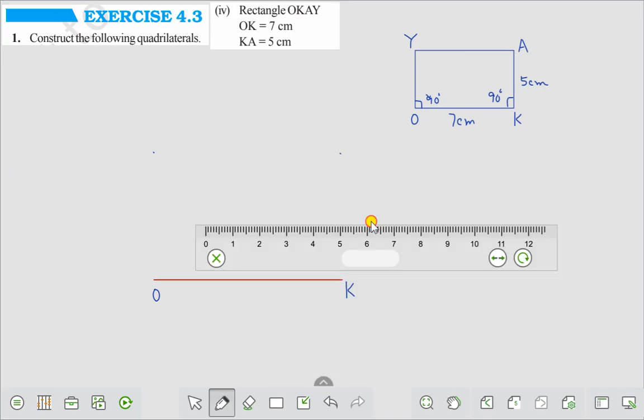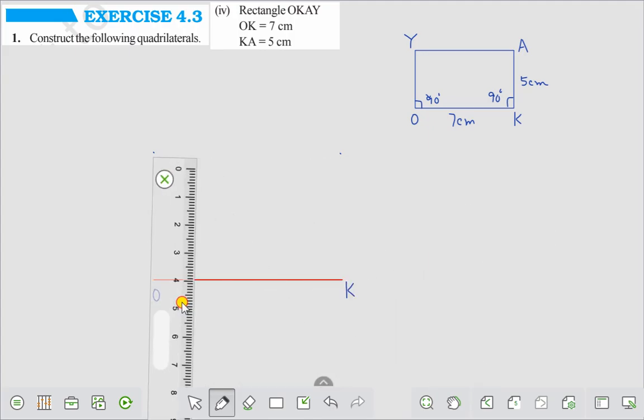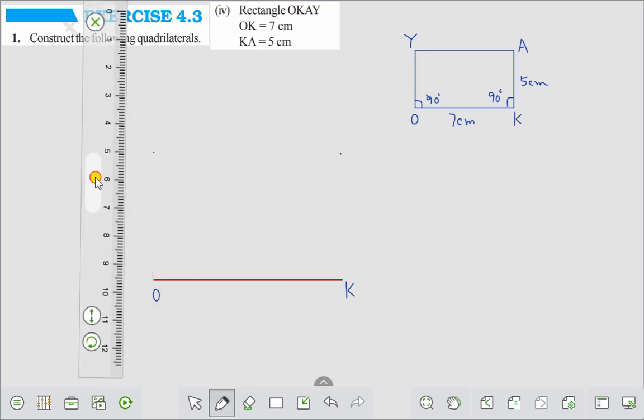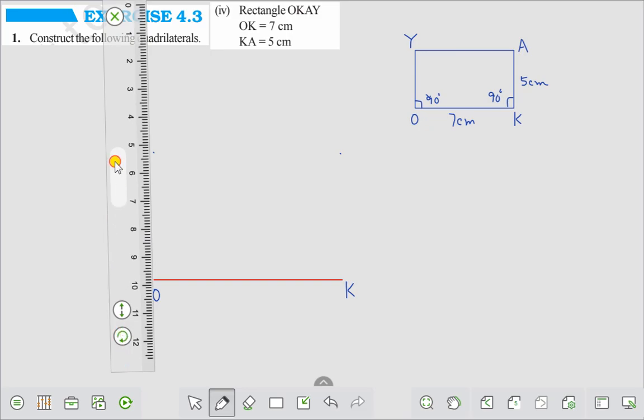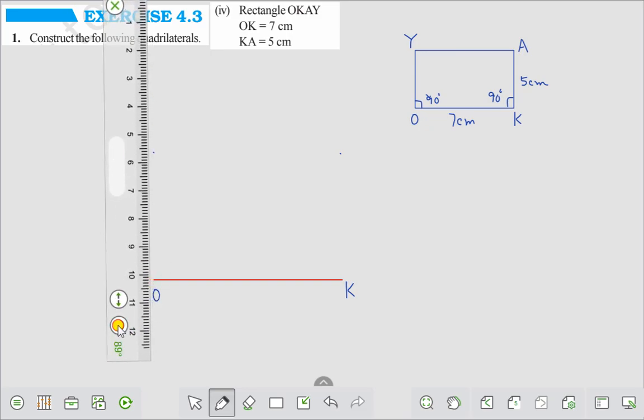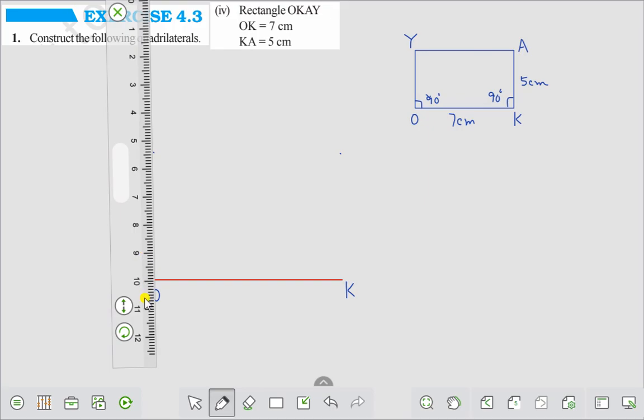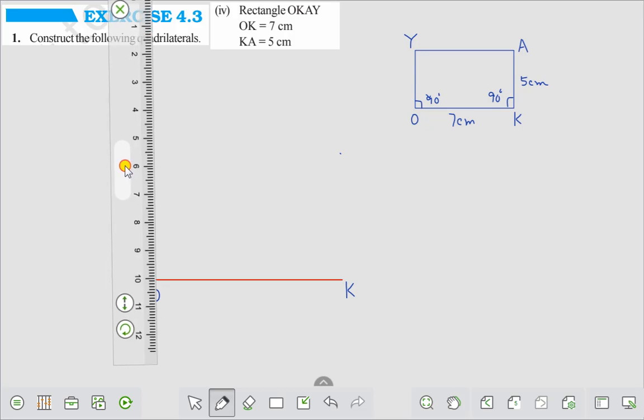Draw the line perpendicular at point O, that is, this is 90 degrees.